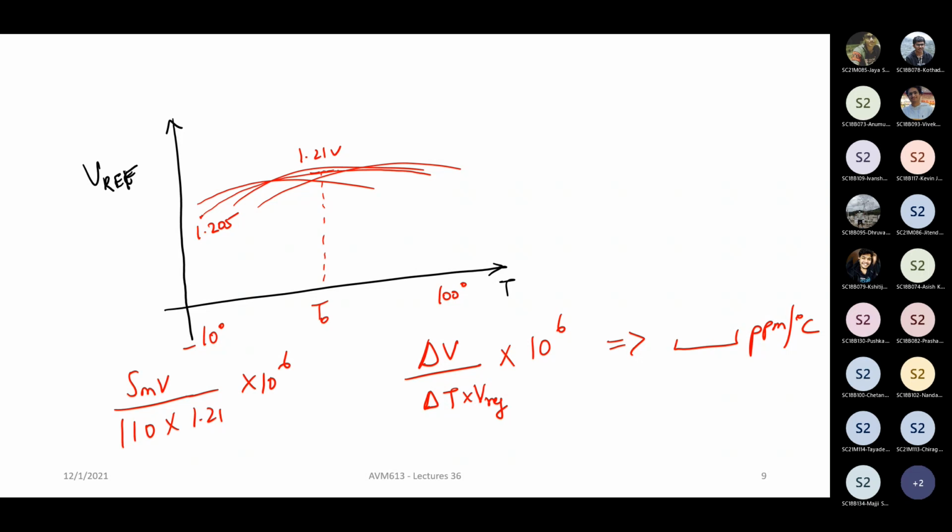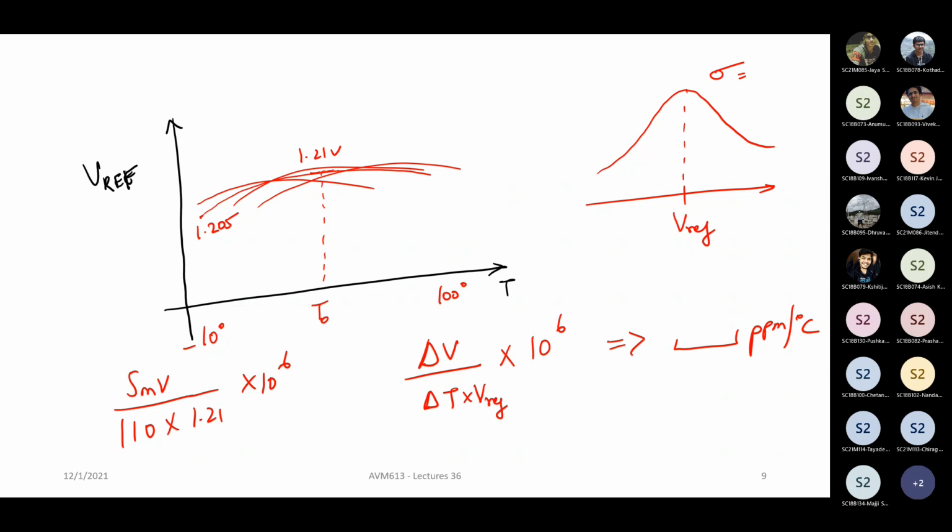Ultimately, if you look at most papers, they will plot a histogram, at least by doing a Monte Carlo simulation. If this is my expected VREF, you'll see a kind of Gaussian curve, and the mean value will be equal to VREF, and they will give a certain sigma also.